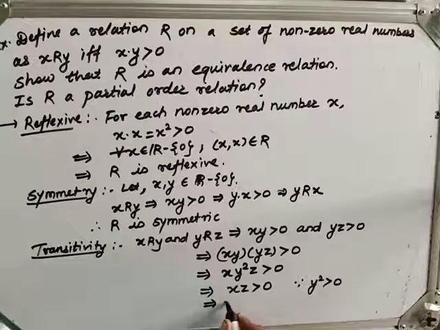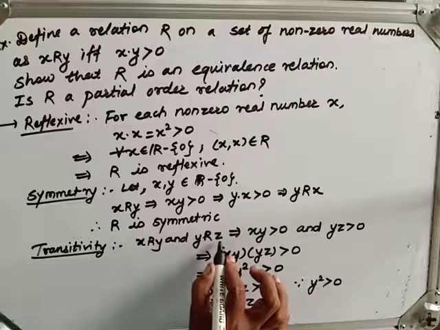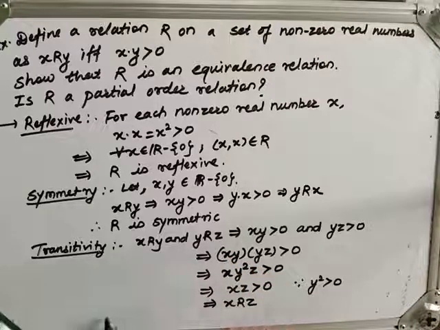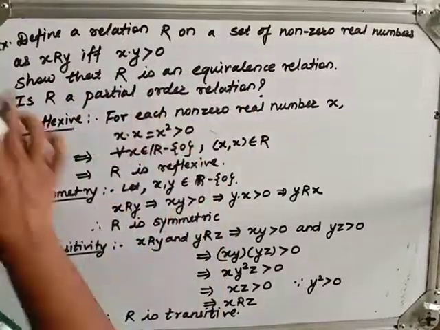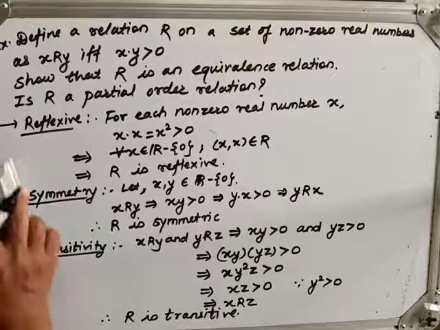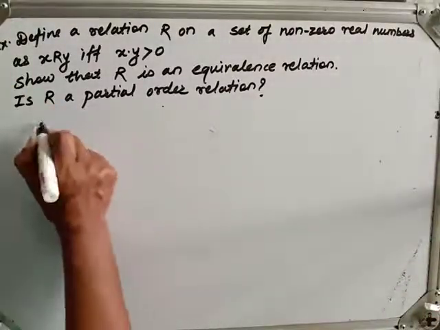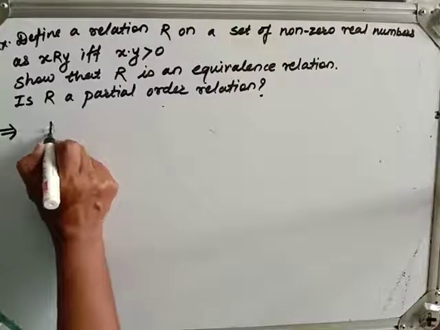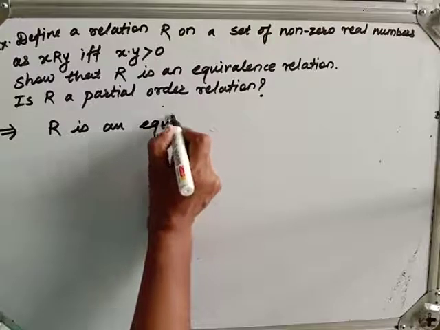So that says x is related to z. So x related to y, y related to z gives x related to z. Therefore R is transitive, and R is reflexive, symmetric as well as transitive. So that says R is an equivalence relation.